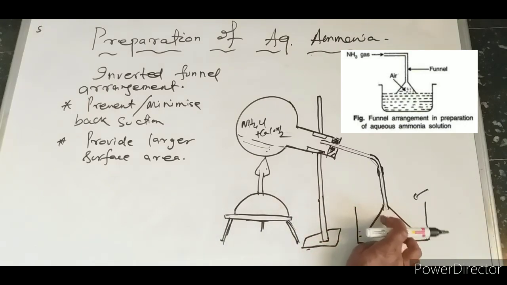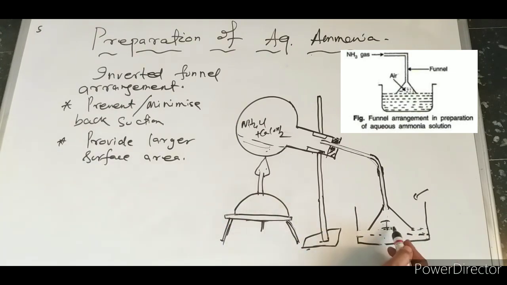But if we take a larger surface area, what happens? Due to atmospheric pressure, the rim of the funnel just touches the water, and the water is pushed inside and mixes with the ammonia. As it moves inside, the water level goes down in the funnel. Understood?